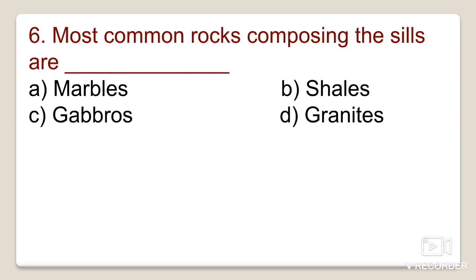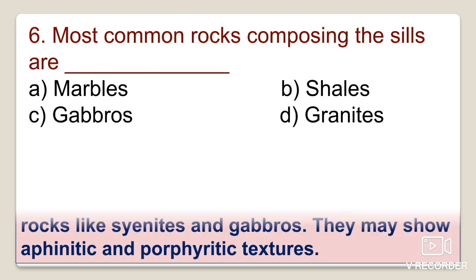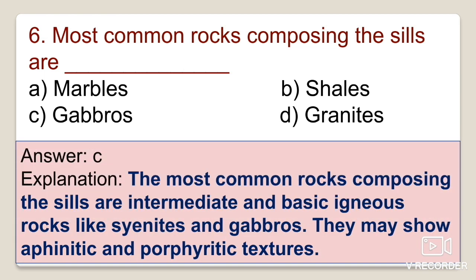Next one, or sixth one, is: the most common rock composing the sills are known as marbles, gabbros, shales, or granites. So that is gabbro. We have talked about dolerite, basalt, and gabbro. These are the important rock bodies. So the most common rocks composing the sills are intermediate and basic igneous rocks.